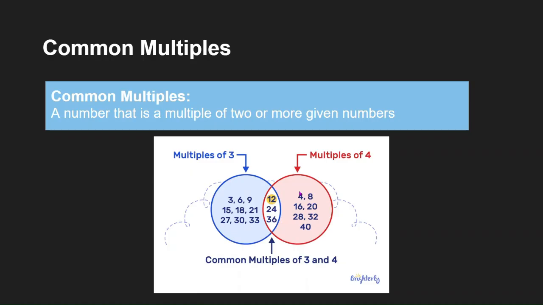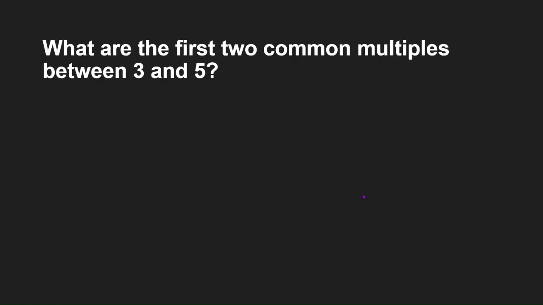Multiples of 4 are 4, 8, 12, 16, 20, 24, 28, 32, 36, 40. And the ones that they have in common, right, on our Venn diagram, they cross over. 3 and 4 both have 12 as a multiple, both have 24 as a multiple, both have 36 as a multiple. So these are common multiples of 3 and 4.